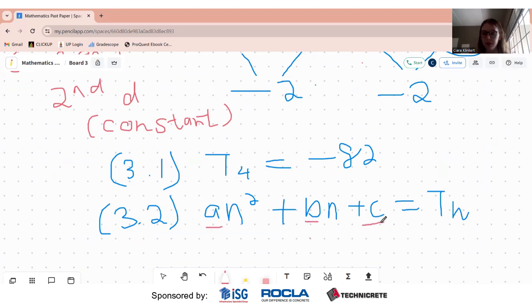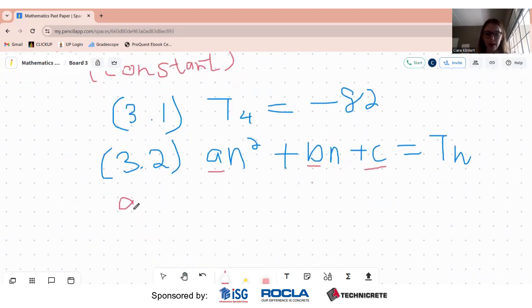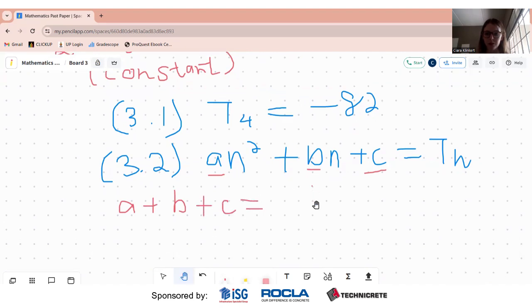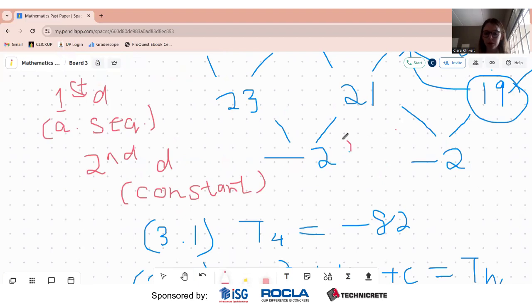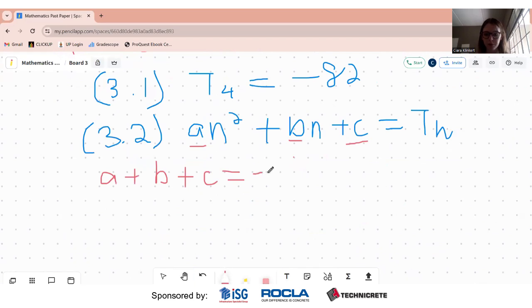You need to remember how I get a, b, and c. First fact I always use is that a plus b plus c must equal the constant second difference, which is negative 2. Okay, so that's the first equation I set up.